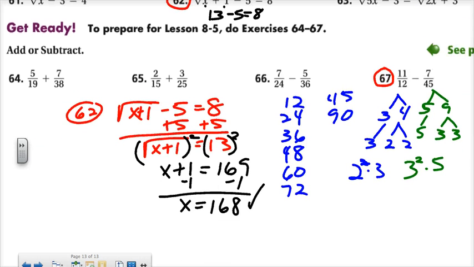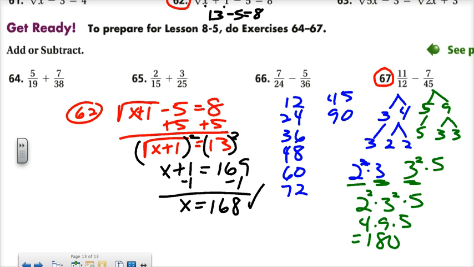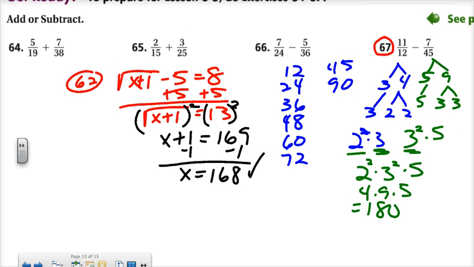So to find that least common multiple, what we need to do is take every base, and we have to take it to its highest power. So we have a base of 2, and that's the highest power to the second power there. And then we have 3 to the first and 3 to the second, so we'd have to take the 3 to the second. And then we'd have to take the 5. So our least common multiple for these would be 4 times 9 times 5, which is 180. So doing this by hand, you would want to use a least common denominator of 180.